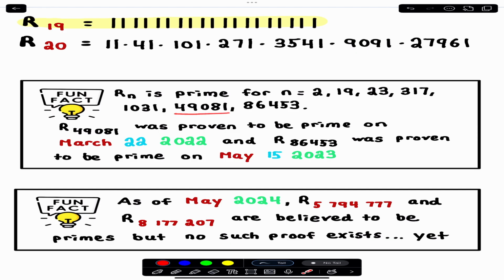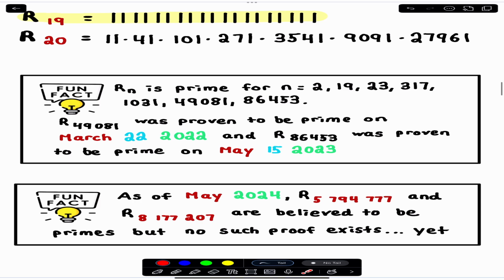Then 1031. Then the gap gets really huge, 49,081 and 86,453. So that's 86,453 ones. That has been proven to be prime. And honestly, that is pretty crazy.